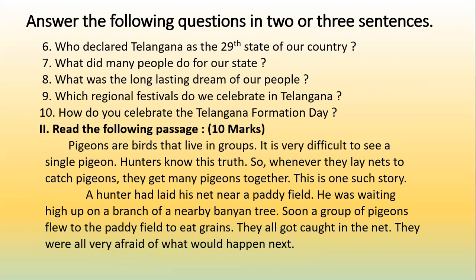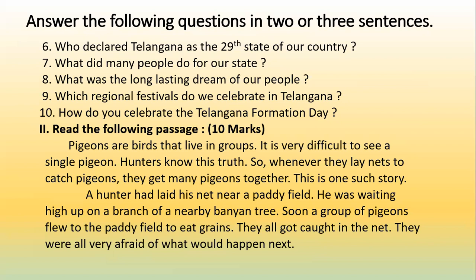If you refer to the passage, in the first line itself, you will find out the answer. The union government, who, in the place of who, you have to write the union government. And the remaining will be the same. Declare Telangana as the 29th state of our country.